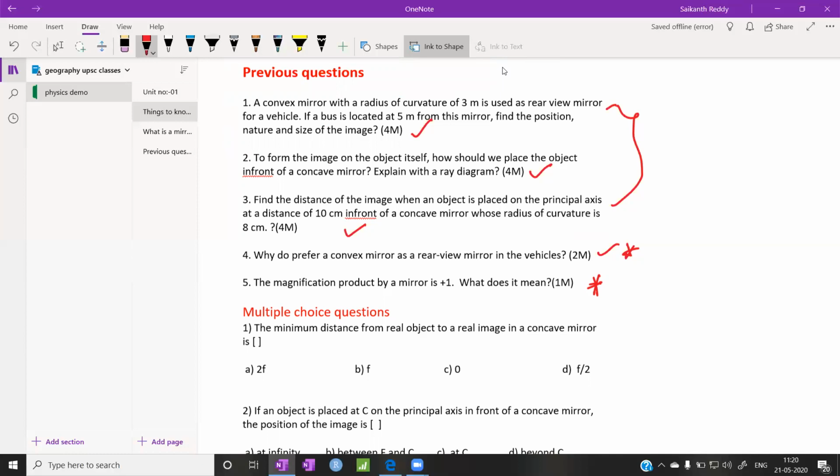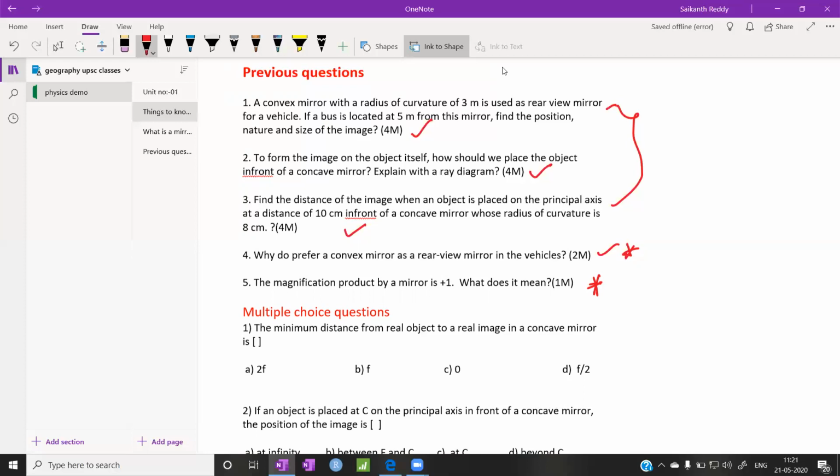Here he is asking a kind of numerical problem, but he is expecting you to answer in a conceptual way. So numerical problems linked to conceptual understanding and application are going to give you very good knowledge and a very good hold on this subject.